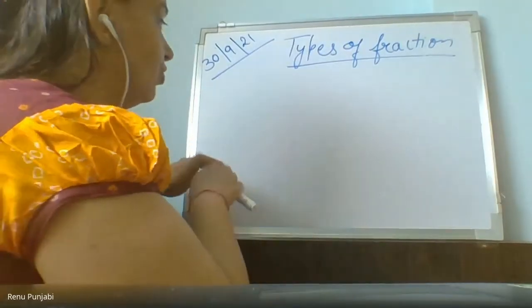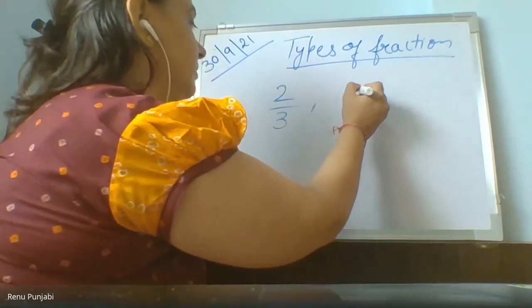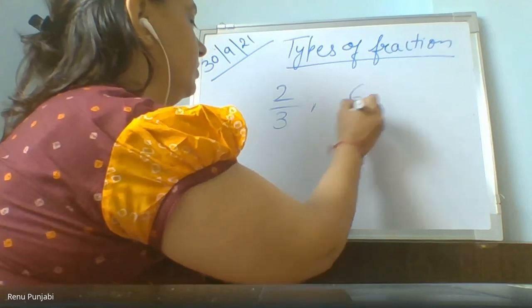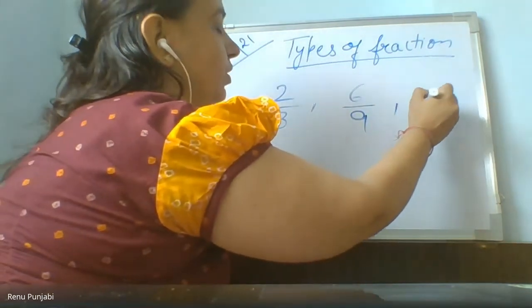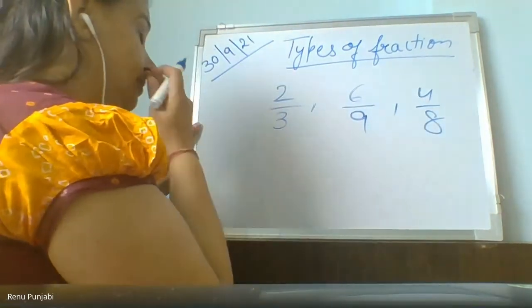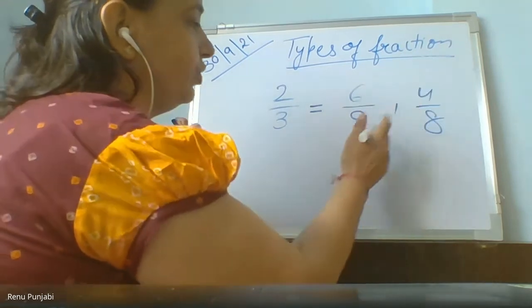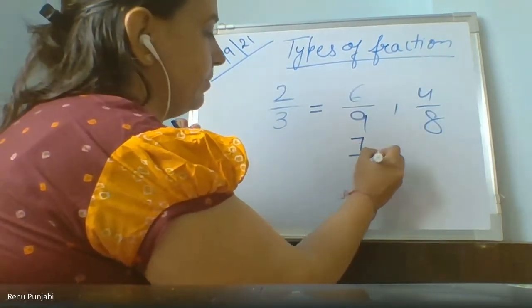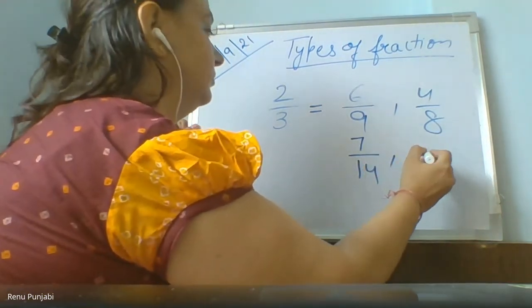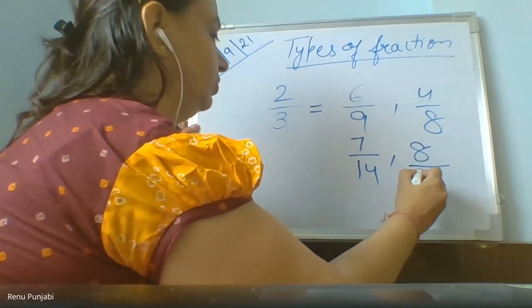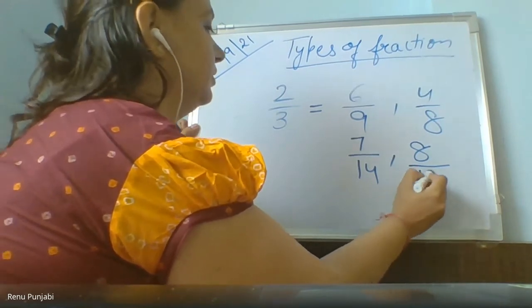So if I give you many fractions like 2 upon 3 and 6 upon 9 and 4 upon 8, and then I am giving you more fractions: 7 upon 14 and 8 upon 12.